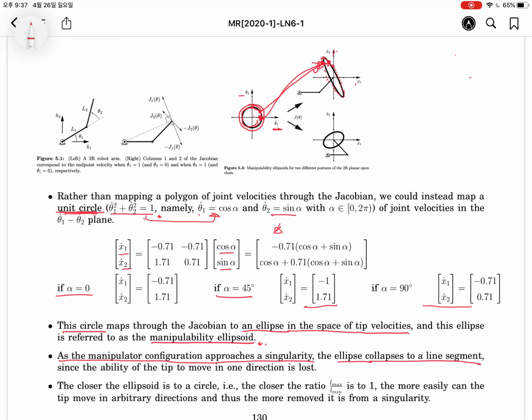If the configuration is changed to a straight line, at that time the Jacobian will be this line. It means we can move in this direction, but we cannot move in this one. So this ellipsoid will be changed into a line segment.